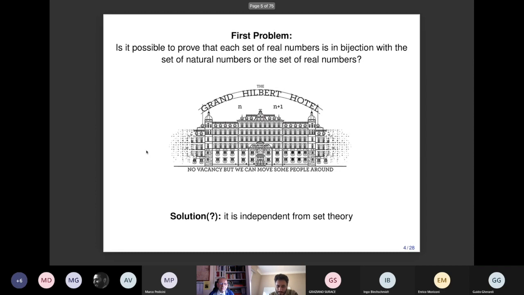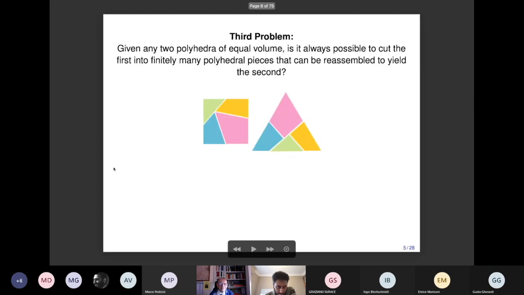And the answer is that the question is independent from set theory, and it has been proven, the first part by Gödel in the 40s and the second part by Cohen in the 60s. So as you see, the questions are not so trivial sometimes.